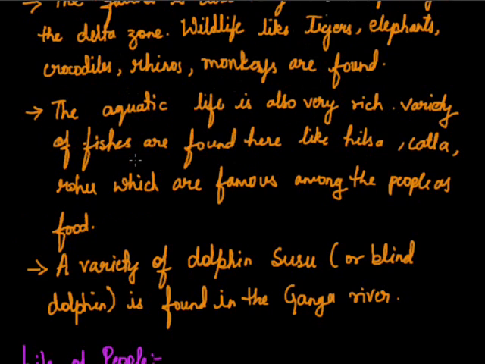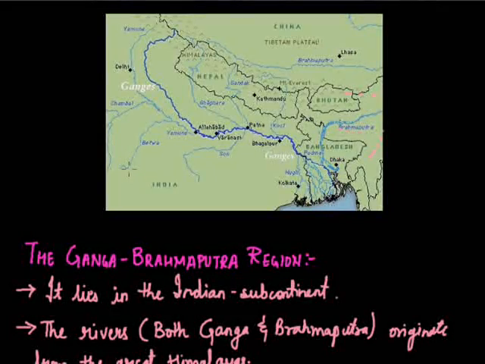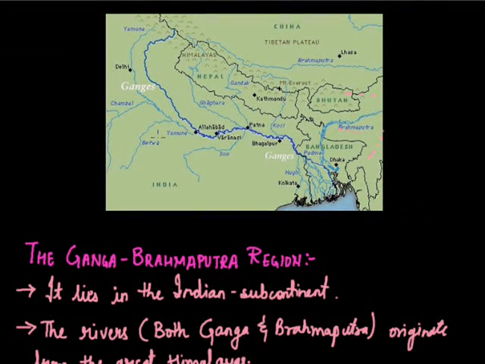The life of people: being a very fertile zone, as we studied earlier, this whole zone invites a lot of population to live and do agriculture around it. This has resulted in big cities like Delhi, Allahabad, Varanasi, Agra, Patna, and Kolkata emerging on the banks of these rivers.